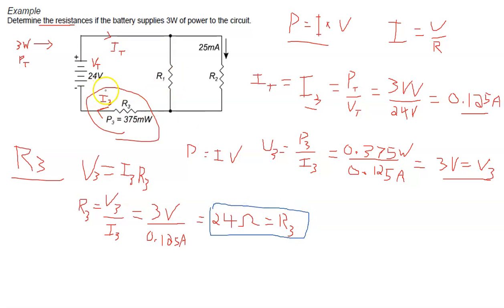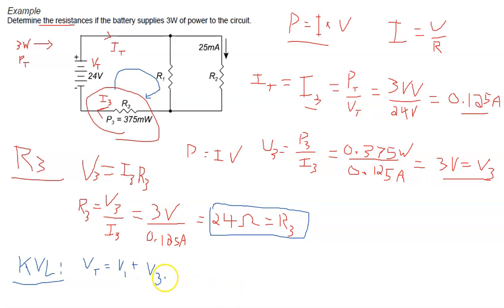Okay, so now let us think about KVL around this closed loop. If we write KVL around that loop, remember that what we're saying is VT is the applied voltage, and that is equal to the sum V1 plus V3.